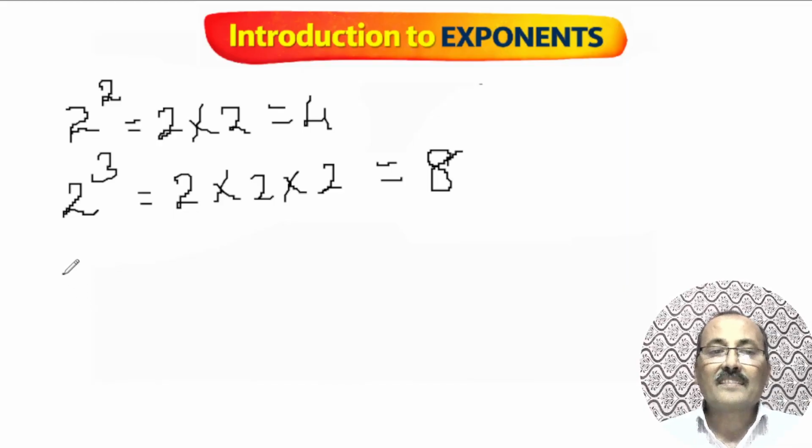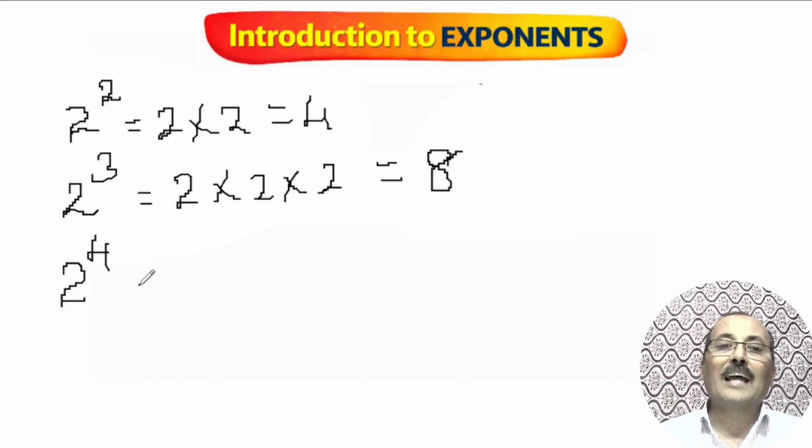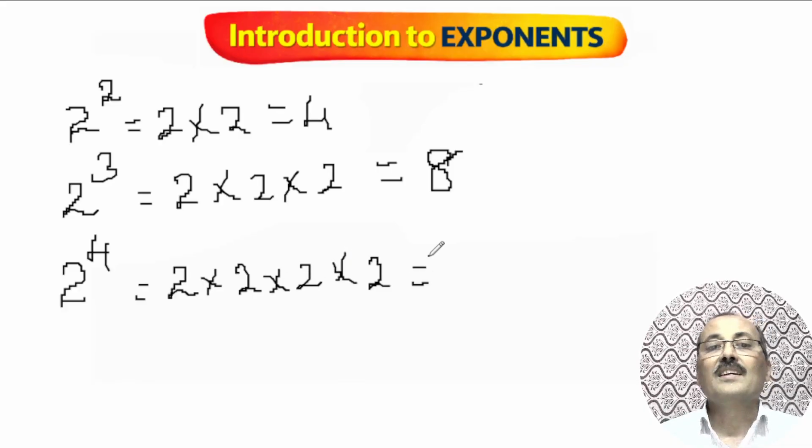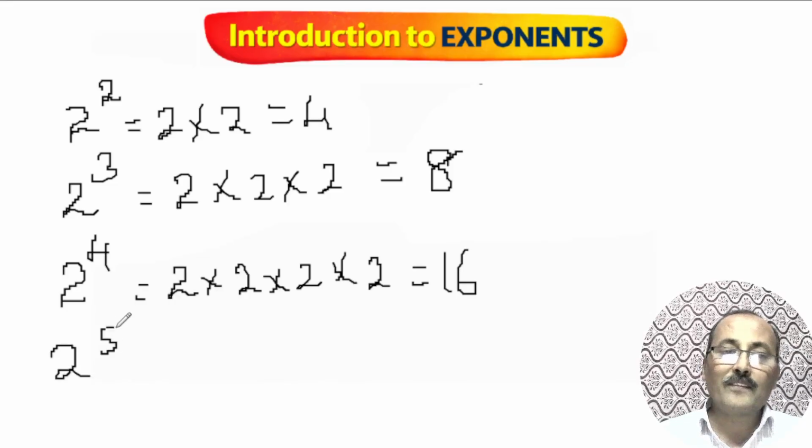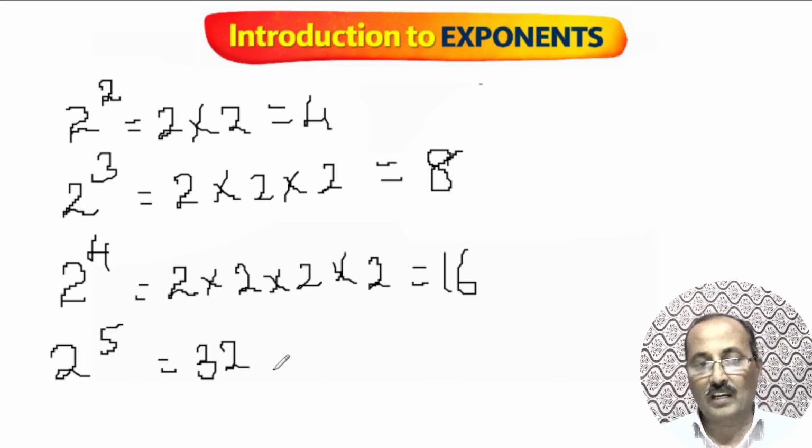Now the same thing if I write as 2 to the power of 4, what will happen? Nothing will happen. It will be written as 2 into 2 into 2 into 2, 4 times. Then the answer is 16. Then 2 to the power of 5 will be 32. 2 to the power of 6 will be 64, like that it goes on.